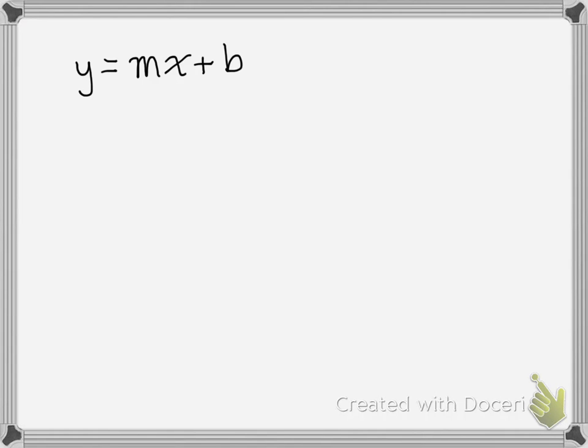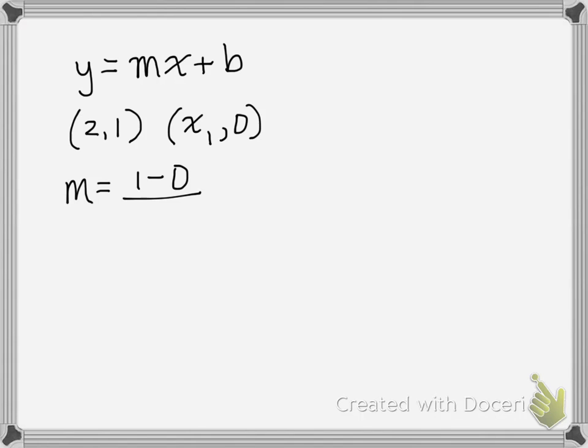Now, there's some line, y equals mx plus b, that goes through the given point (2, 1), and it goes through point (x1, 0). If it goes through those points, then the slope of that line is the change in y, which is 1 minus 0, over the change in x, which is 2 minus x1.